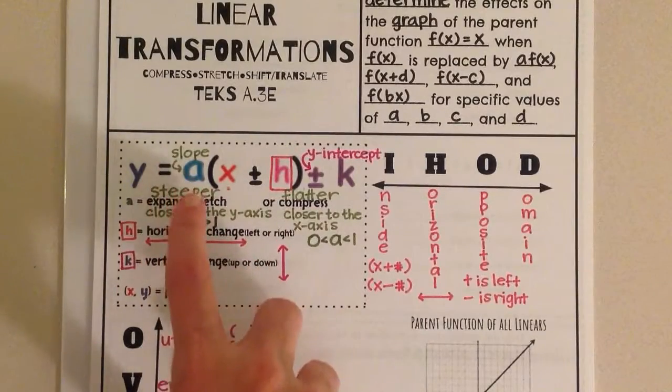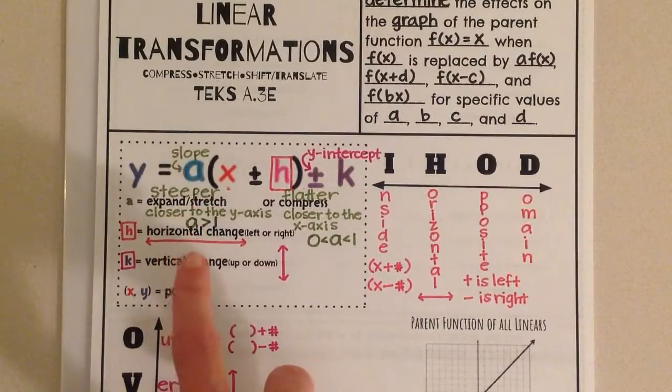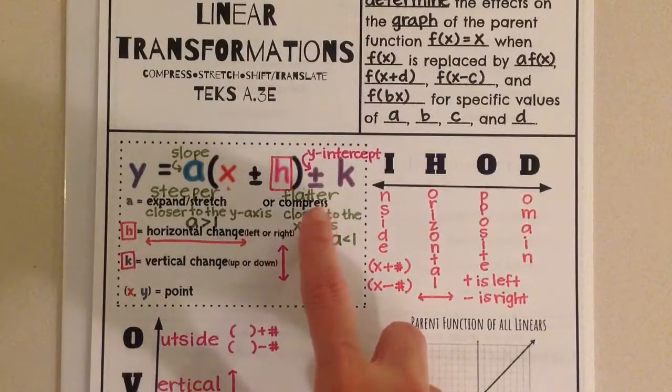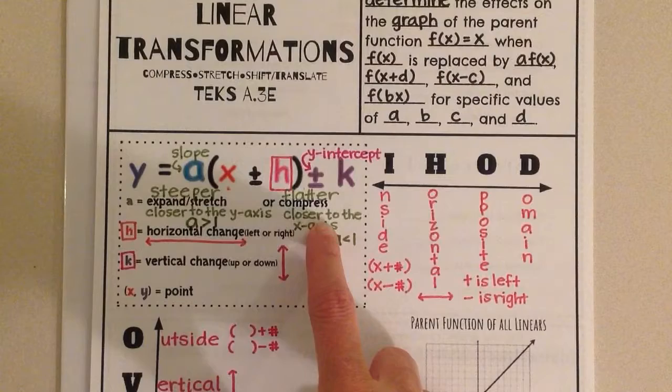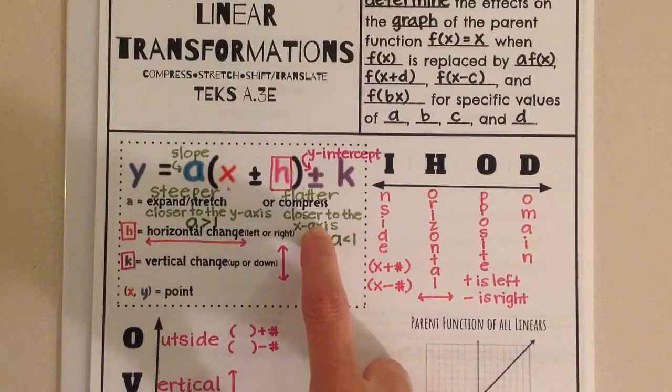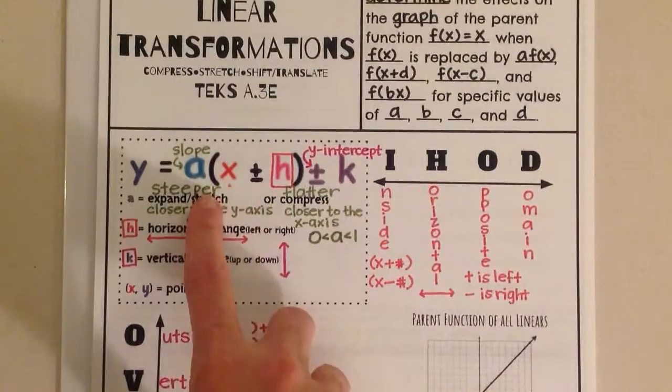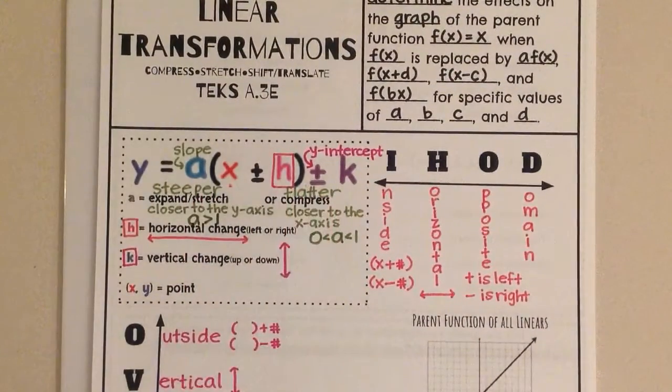If your slope value gets smaller than what it started at, then it is going to be described as getting flatter and it's going to rotate closer to the x-axis. So your slope actually causes a rotation with your graph line. You just have to know, is it rotating to where it's getting steeper or is it rotating to get flatter?